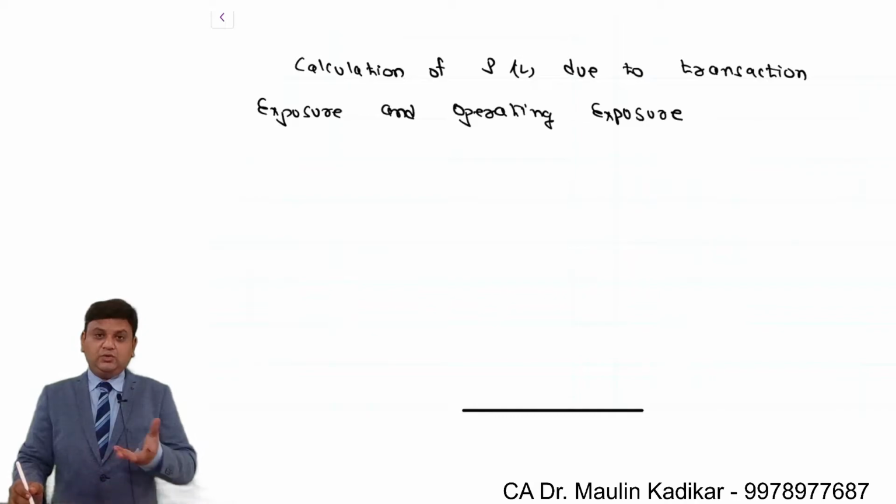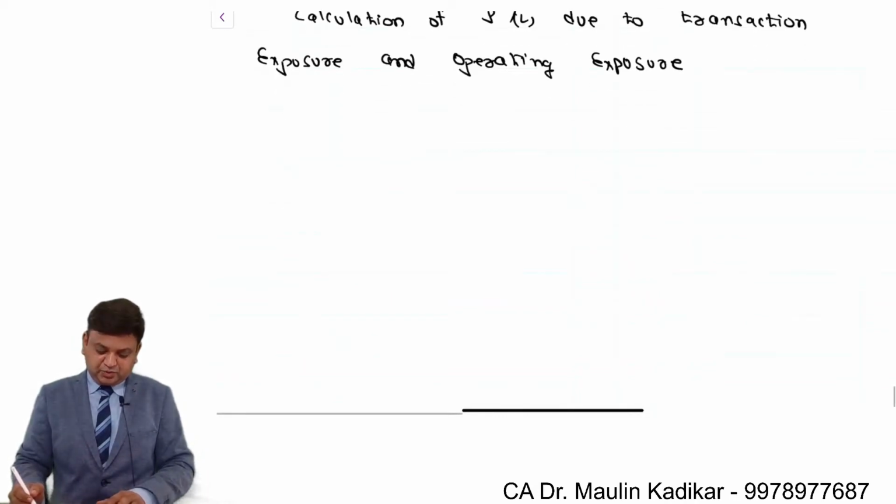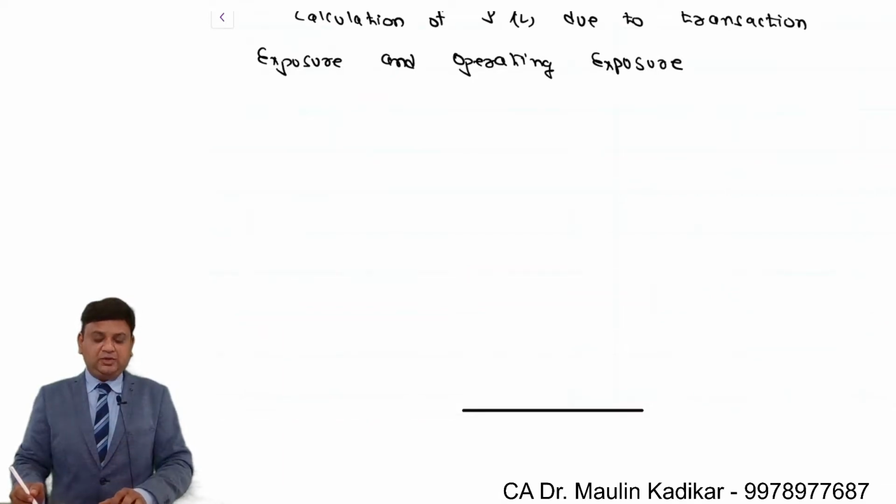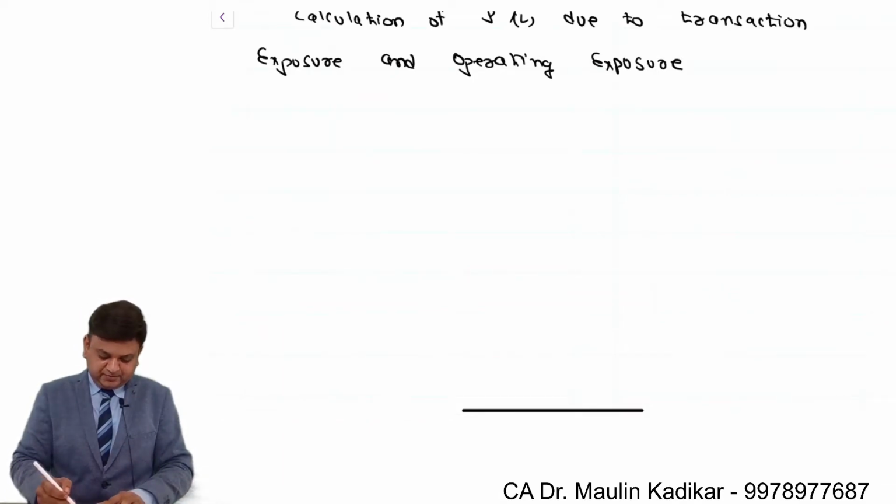So the new concept that we are going to learn over here is the profit or loss due to operating exposure. How to make the calculation of answer, that we are going to understand.